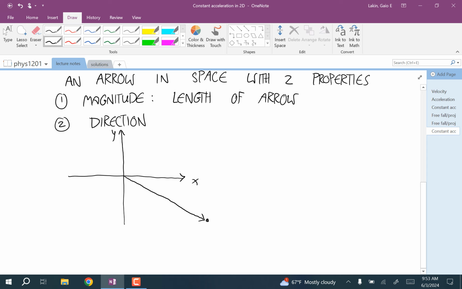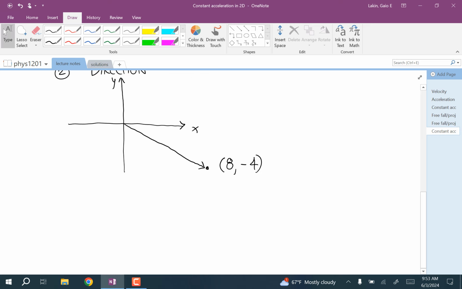So let's say that this has coordinates of, it's going to be a positive x coordinate, let's say 8, and the y coordinate is going to be about half as big, and it's going to be negative, so let's say that's 4. Okay, then let's say that this vector is called u.